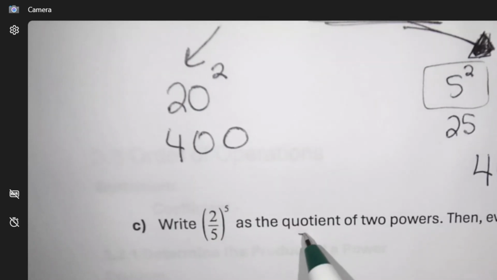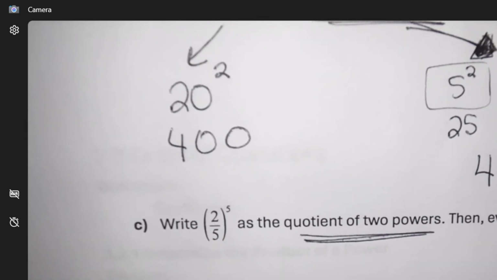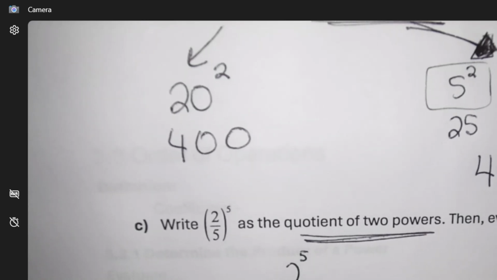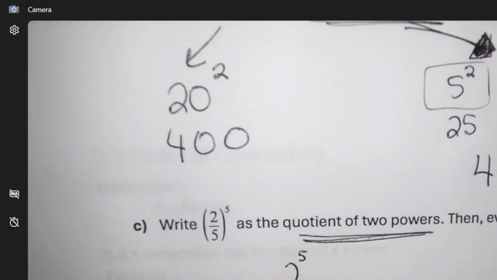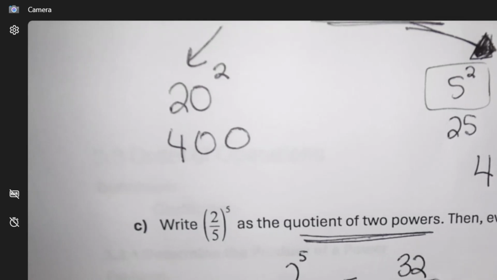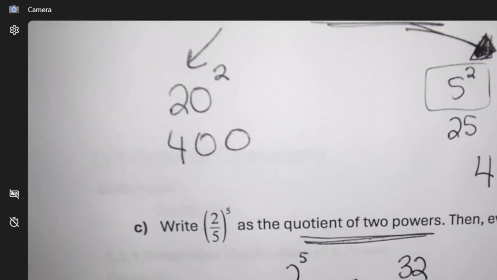And C says write it as a quotient of 2 powers. So I would have 2 to the 5th on the top, and on the bottom 5 to the 5th. So 32 over, that one's getting a little big, 3,125.